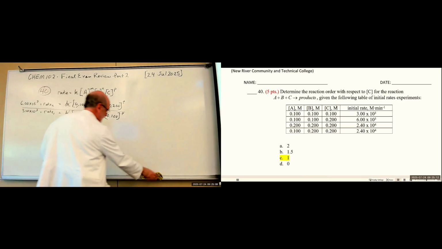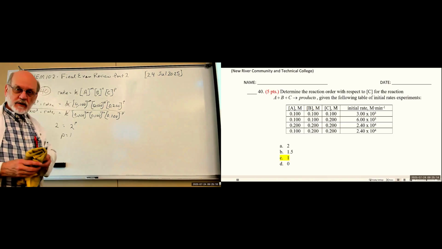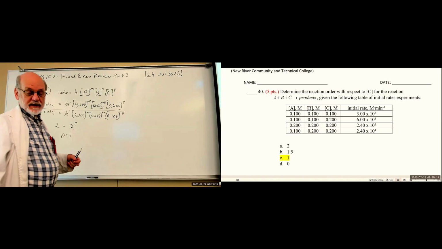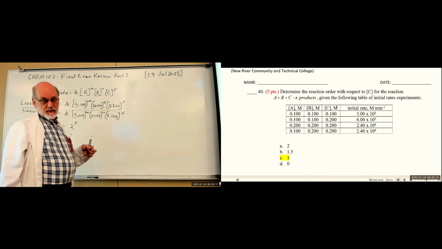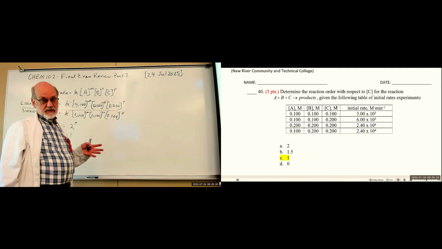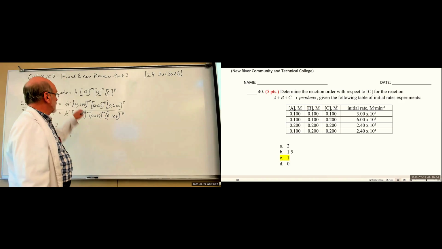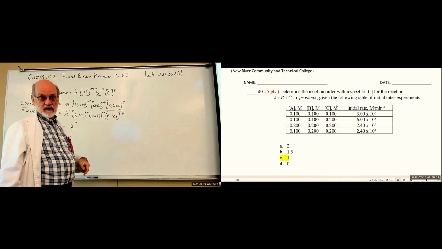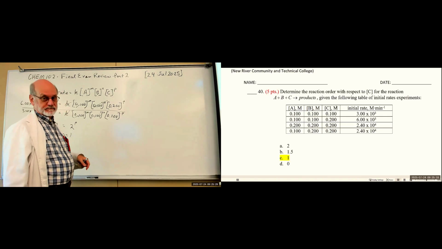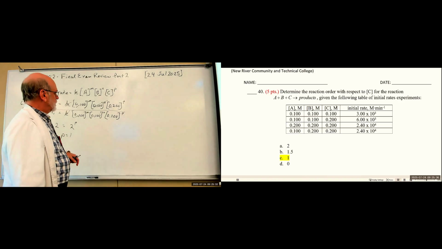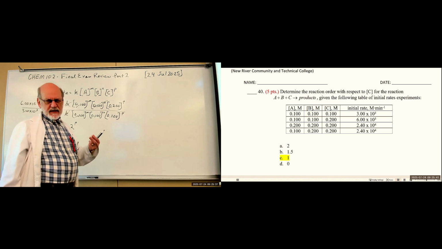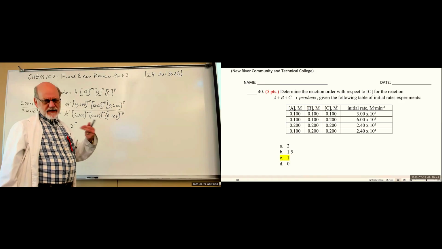Okay. Well, we could do that with any of the others because we have a complete set of data. Right? If we wanted to find out what A is, then we would have to say B and C must remain constant. And that looks like the last two experiments would give us A. And I'll be willing to bet that A is 0 order. And B, if we wanted to do B, then we'd have to let B change and A and C remain constant.